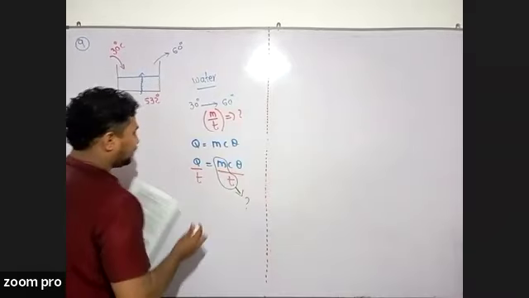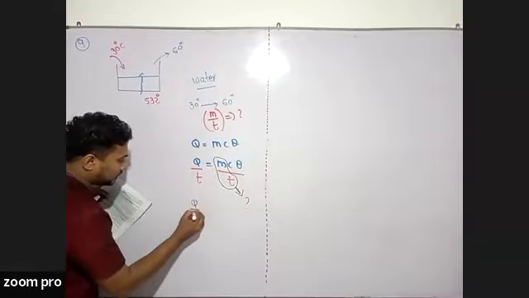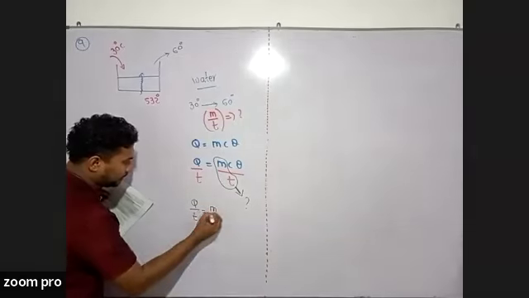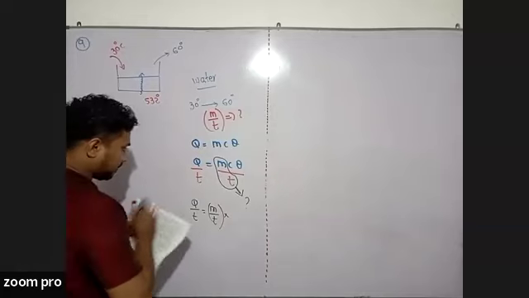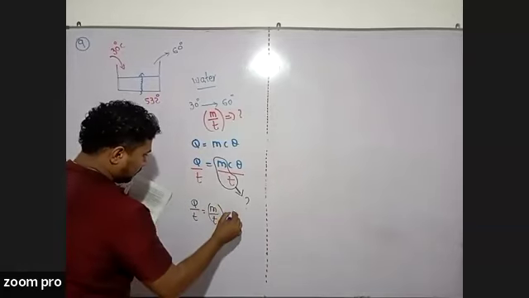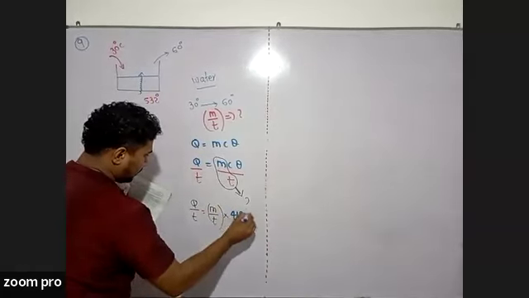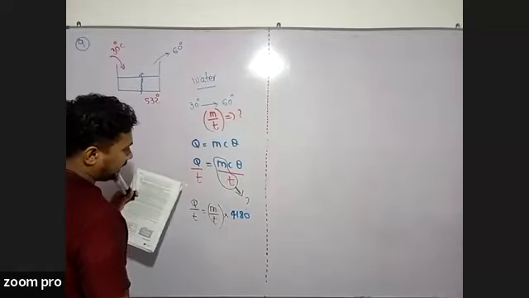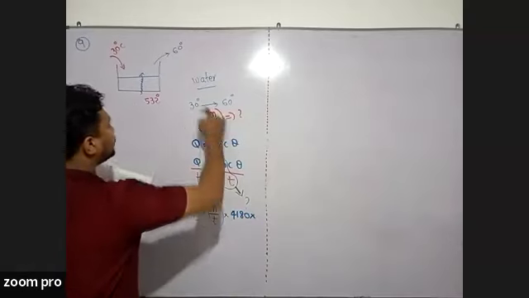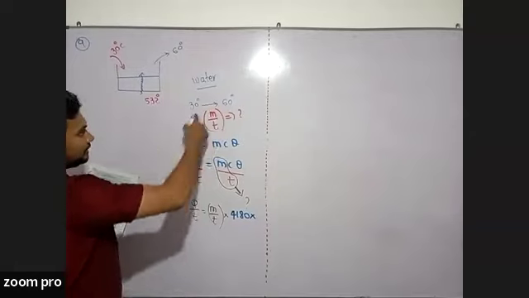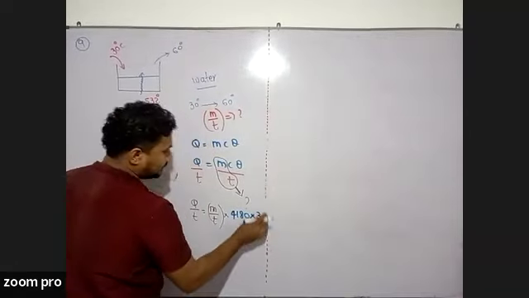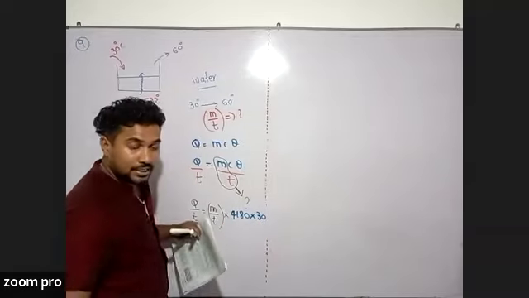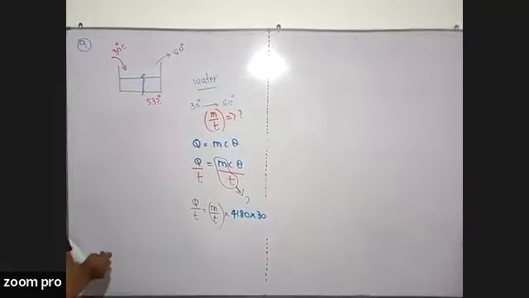So Q over T equals M over T times C, which is 4180, times theta, which is the temperature difference, equal to 30. Keep in mind that this theta refers to the temperature difference.